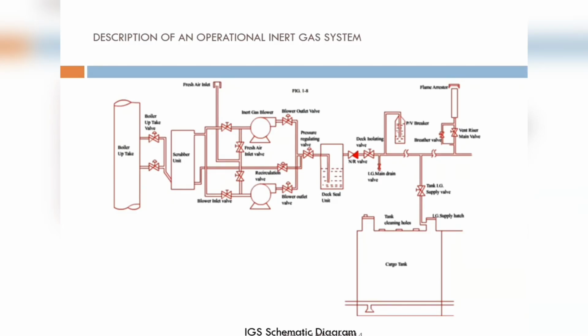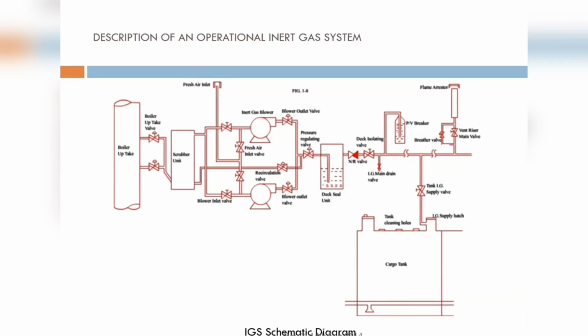It takes the signal from this pressure transmitter and starts functioning, and it is open when the pressure is less than 500 mm water gauge. I just take 500 mm water gauge as an example; it can be any figure. Suppose I set it to 500 water gauge, then the pressure regulating valve will function so that the pressure in the cargo tank does not exceed 500 mm water gauge.